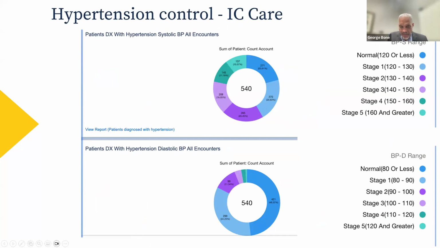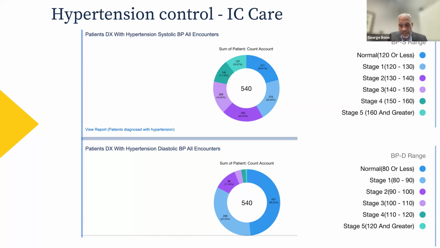And when we actually look at the degree of control, we are at 60% control, less than 140 systolic, compared to the control population of 17%. So the importance here is having a system flexible enough to allow you to vary the definitions of hypertension.